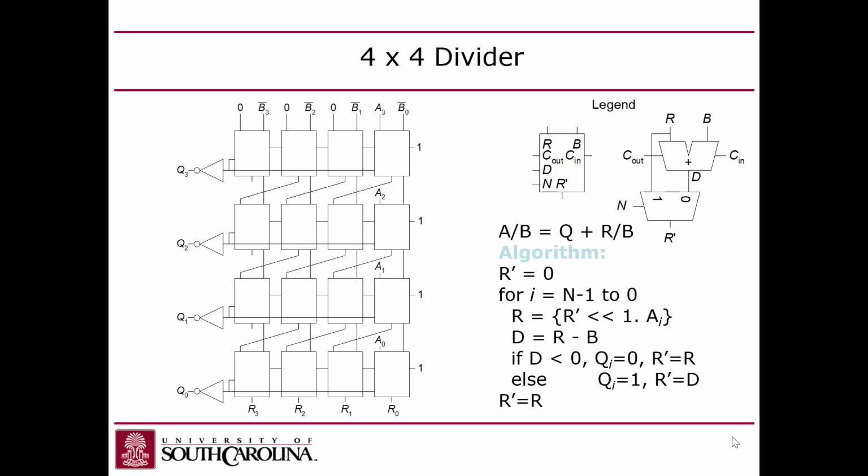So if you got a negative value, then you put a 0 in the quotient register, and you restore the original value that came in. Otherwise, you take D and output that, which is the new remainder value, the new value in your remainder register. Anyone follow this?